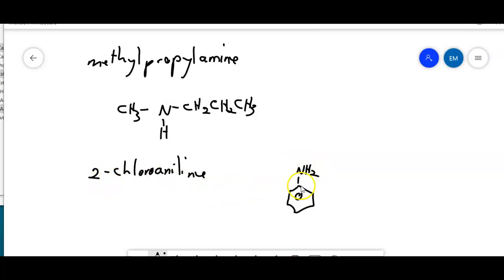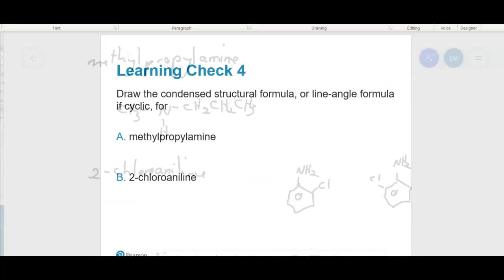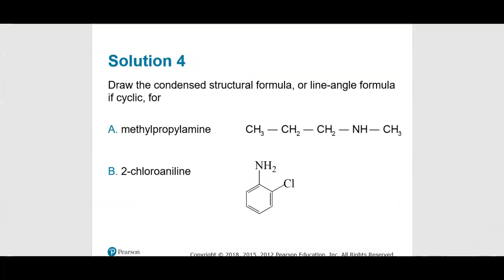And 2, well, this is the 1 carbon here, so this is going to be the 2 carbon. You could write it this way as well. Okay, let's see what we get here. Looks like we got it, although I wrote the methylpropylamine in the opposite direction from what they do, but that's okay.